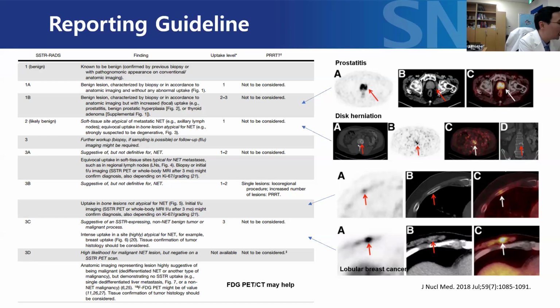This can be, as we discussed previously, lesions like dedifferentiated neuroendocrine tumors or neuroendocrine tumors with very low SSTR expressions, like prostate cancer with neuroendocrine differentiation, or tumors like insulinoma may have a low SSTR uptake. So in such cases, as we discussed previously, further examination using FDG PET may help for the further differential diagnosis of the disease.